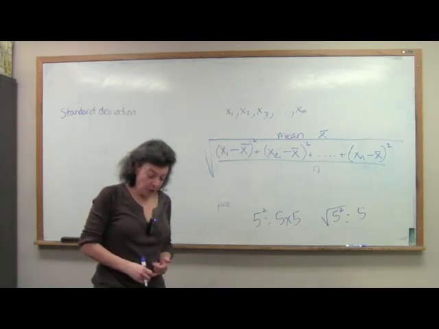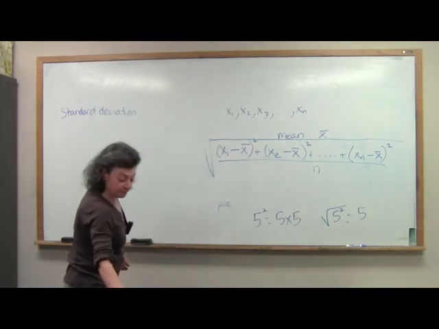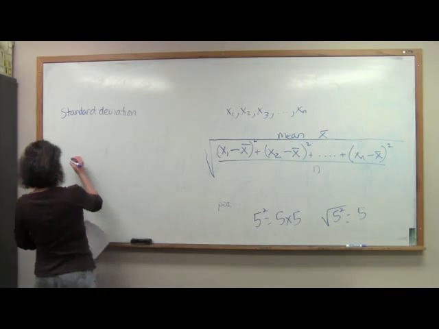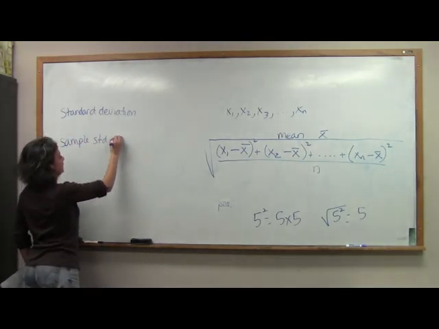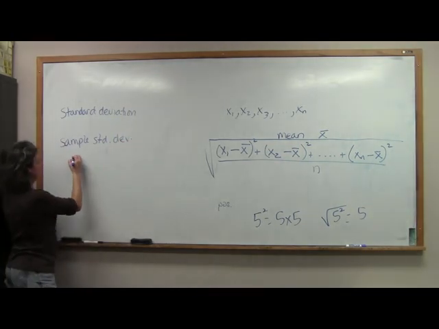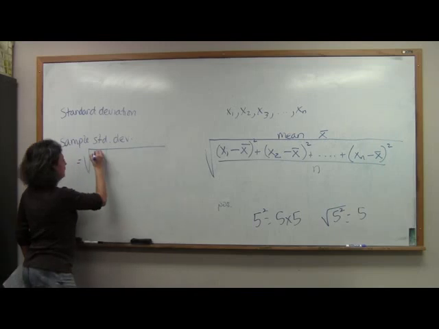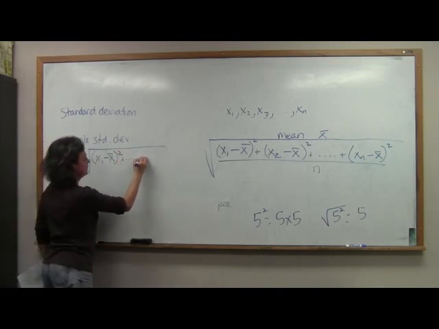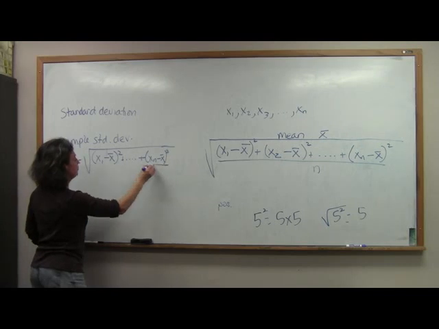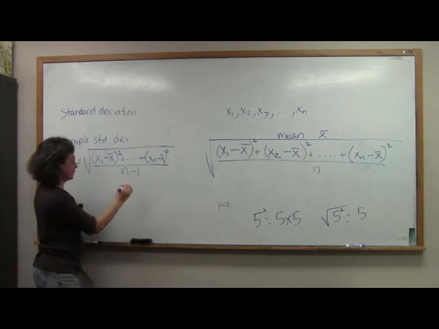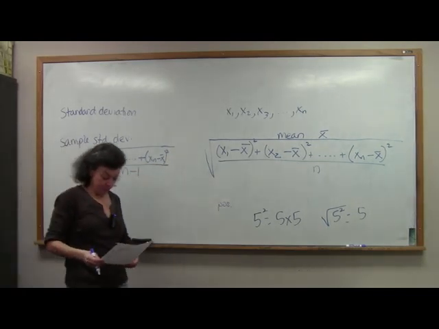But when you are looking at a sample, we say that our sample standard deviation, okay, is as follows. You take each data point minus the mean, square it, add them up, but instead of dividing by the number of data points, you subtract one from that number. Okay?